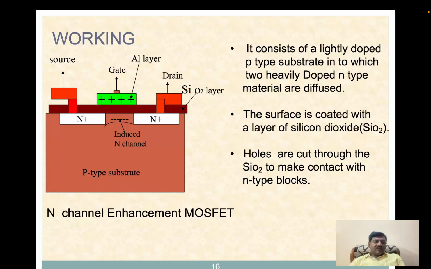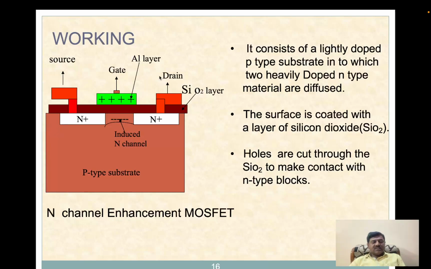It consists of a lightly doped P-type substrate. Previously we used to take an N-type substrate, now we are using a P-type substrate where N-type materials are diffused into the P-type substrate. Again silicon dioxide is coated on the surface, and onto that, the gate, an aluminum layer is deposited.